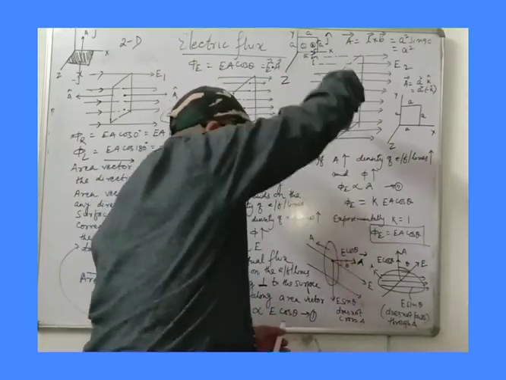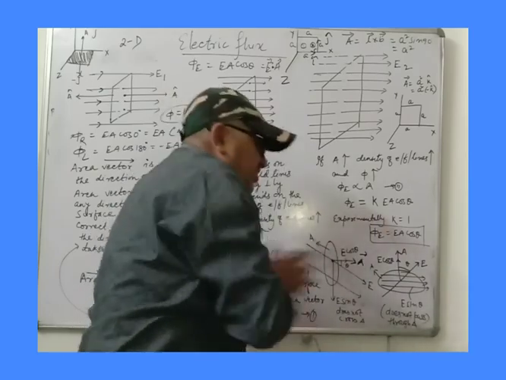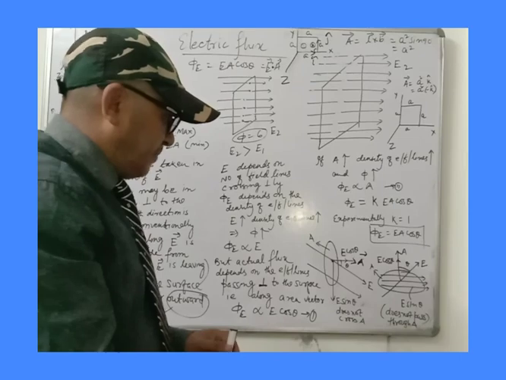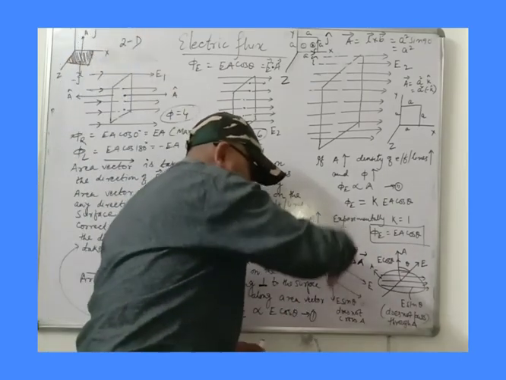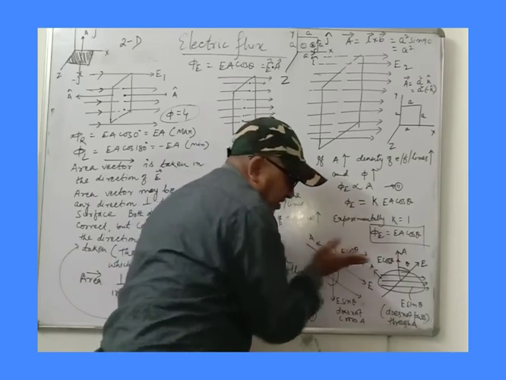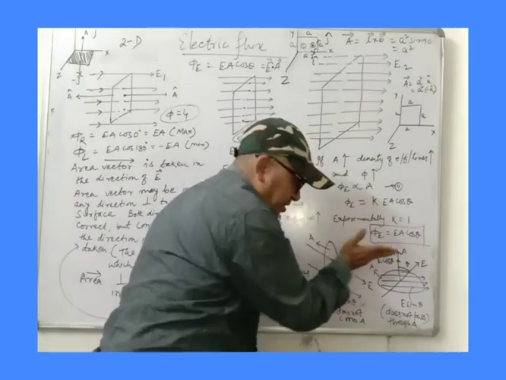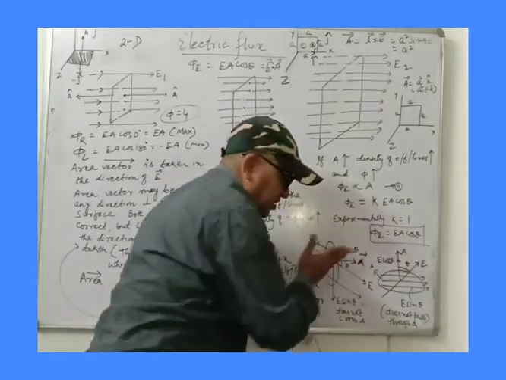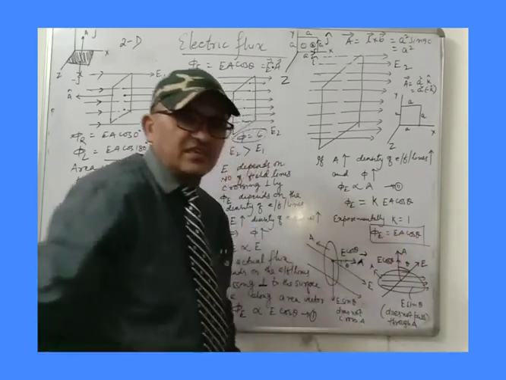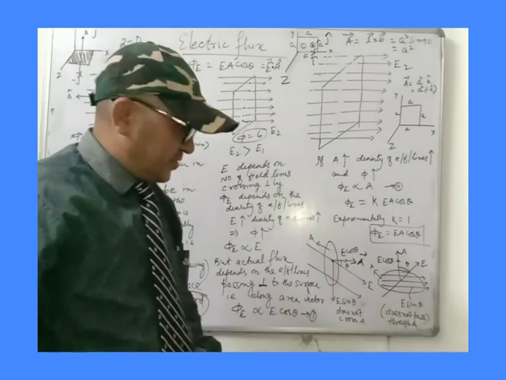That means it is just touching and going. It is not crossing the area. So this component is of no use. Only this component, which contains E cos theta, is of use. So area times E cos theta, EA cos theta. Clear?